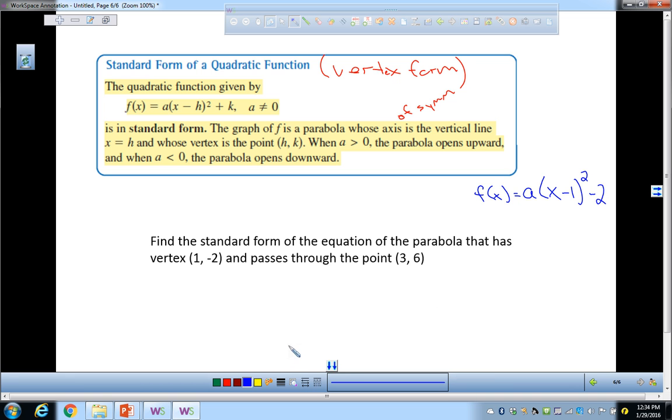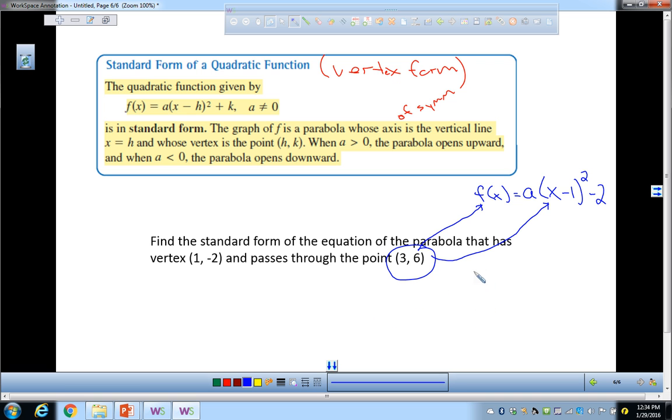Everyone see what I did there? Now I have to find a. How do I find a if I know a point? Plug it in. Yeah, so now I can take this point here and plug it in for x and y, right? So 6 is y and 3 is x. So I'm going to do that and solve for a.